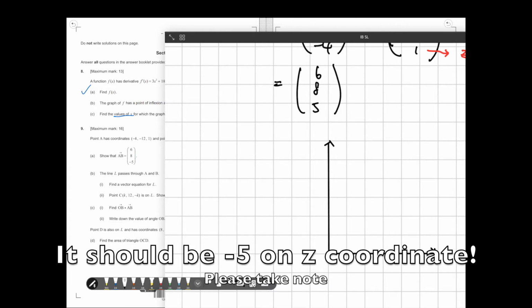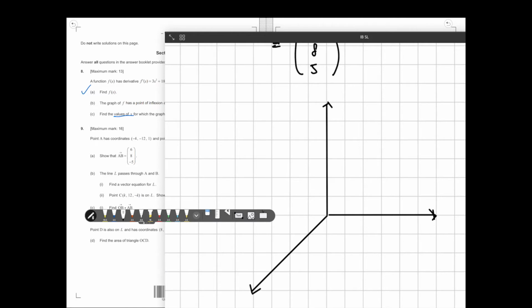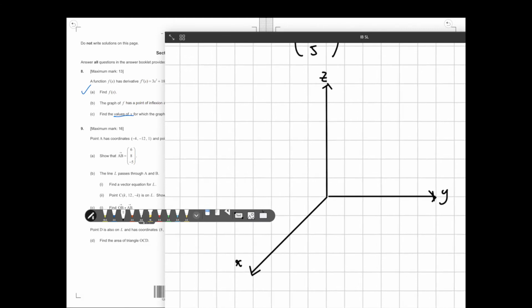Okay, now I draw the 3D coordinates, and I call this one X, this one Y, this one Z, and then we have OA, and then OB, and then the line passes through A and B.